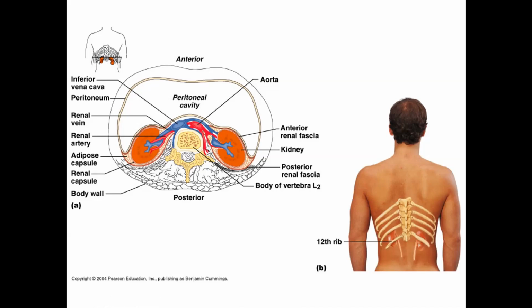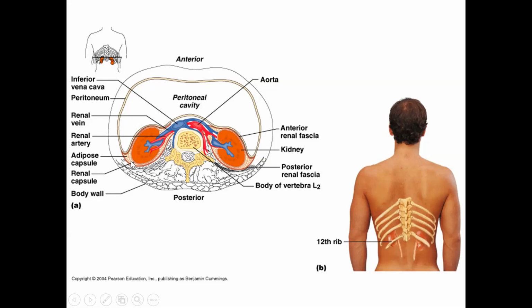On the surface of the kidney, we have a connective tissue called the renal capsule, a protection layer. Superficial to that is adipose tissue, for cushioning.